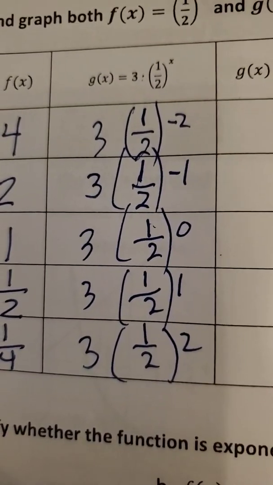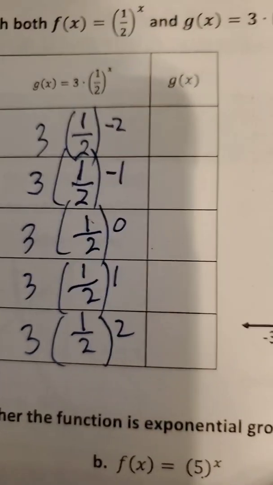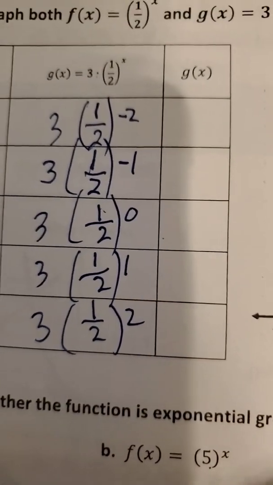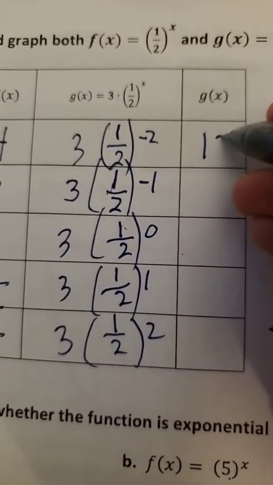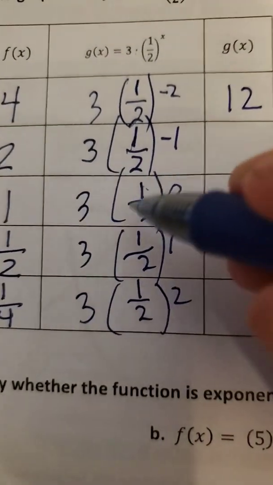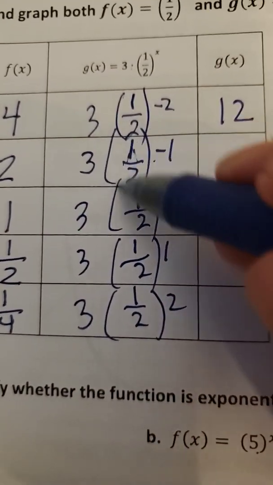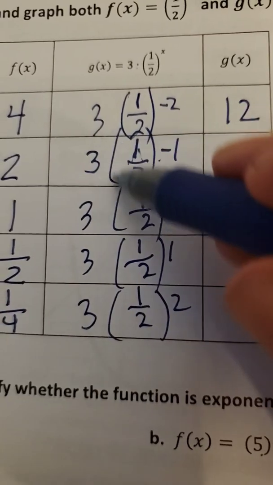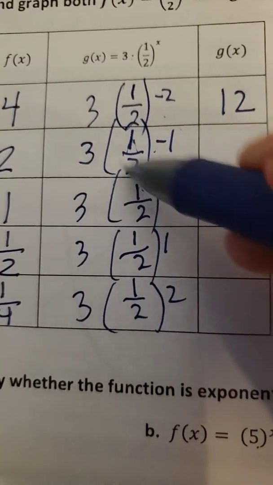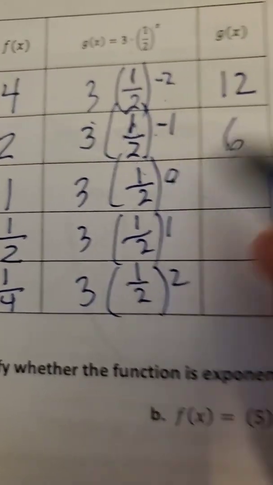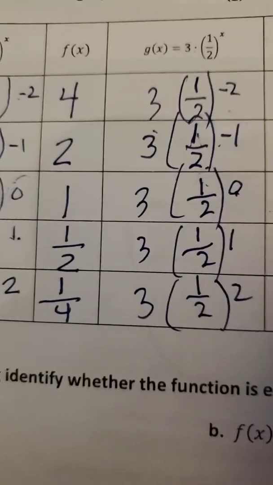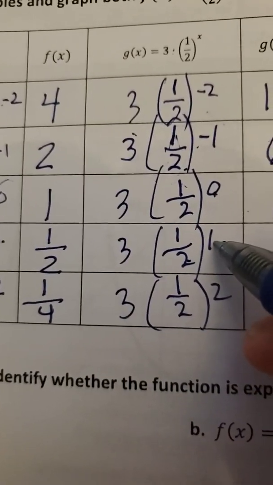You can go ahead and put this into your calculator. It'll be easier than trying to solve it. When you do, you're going to get 12. And for this one, remember, this portion is 2 because you're flipping it. So 2 times 3 is 6. Anytime you have 0 as the exponent, it is 1, and anytime it's just 1, it's just the number.